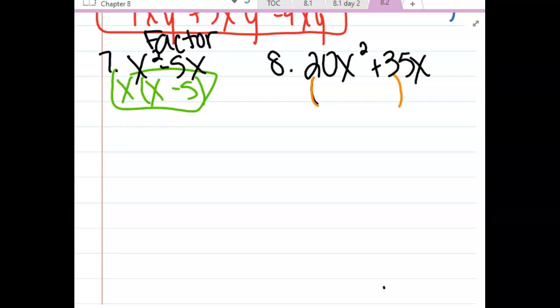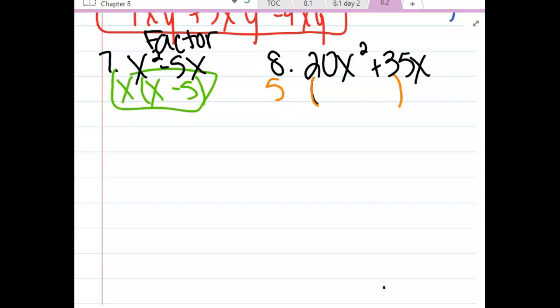Okay? Now, let's figure out what would have been on the outside of the parentheses, which is going to be the greatest common factor. So the number-wise, I'm looking for the biggest number that I could evenly divide from 20 and 35. 5, right? Okay, so it's going to be a 5.